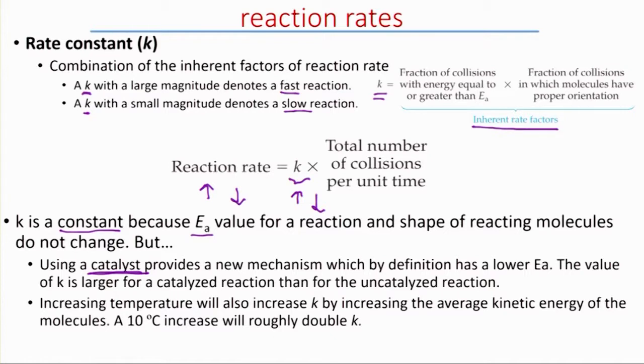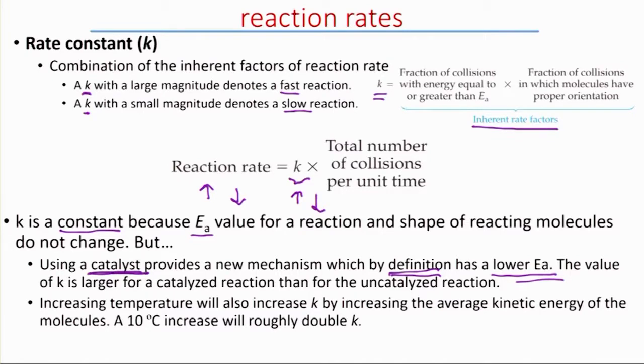It's a new mechanism which, by definition, speeds up the reaction, and it has a lower activation energy. And again, a lower activation energy would mean that you have a larger k, so the reaction should be faster. All right, we'll look at that more. And then increasing temperature will also increase k, because now the average kinetic energy of the molecules has increased as well.